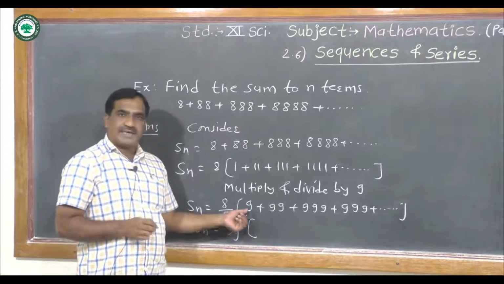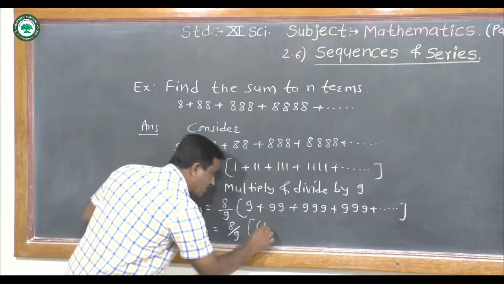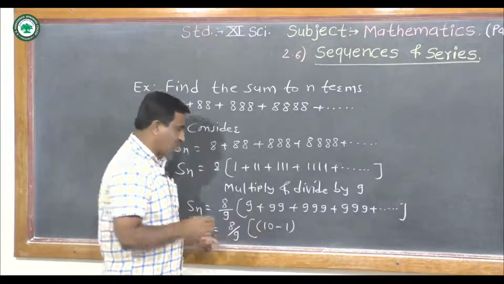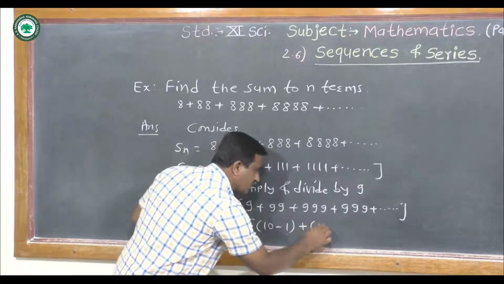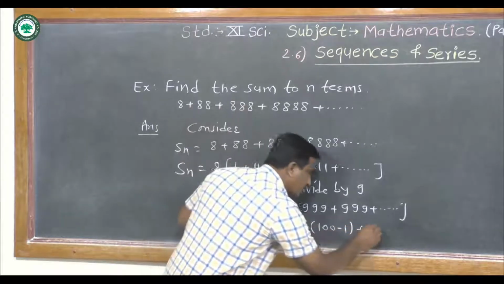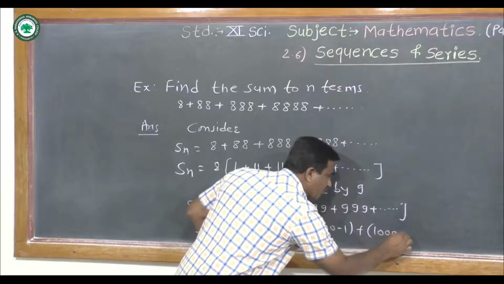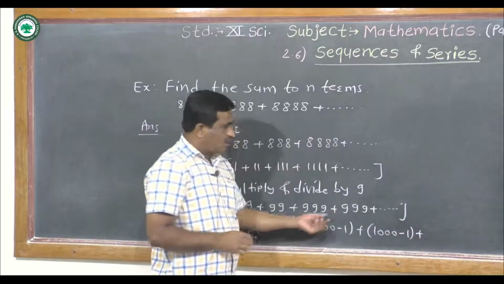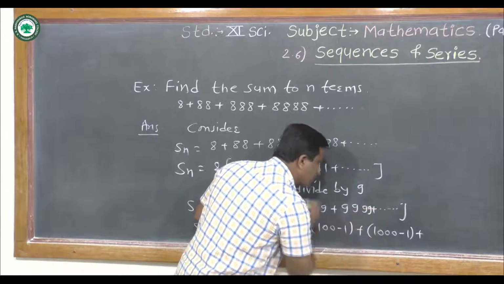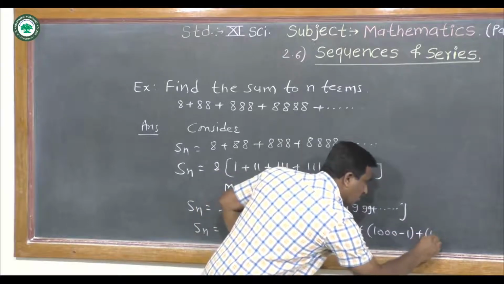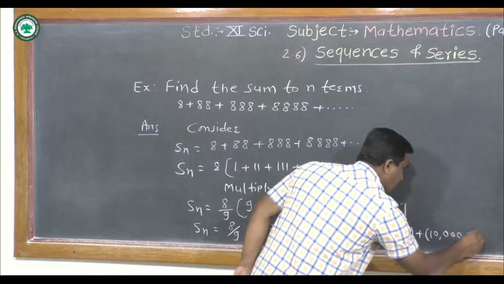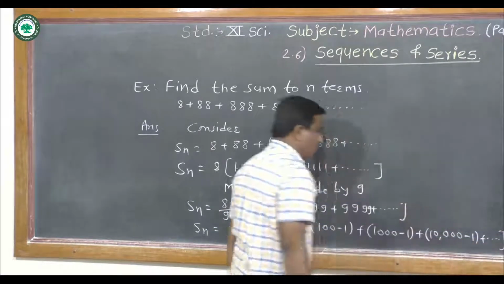Now 9 can be written in the form 10 minus 1. Again this 99 can be written in the form 100 minus 1, plus 999 means 1000 minus 1, plus 9999 can be written in the form 10,000 minus 1, plus so on up to n terms.